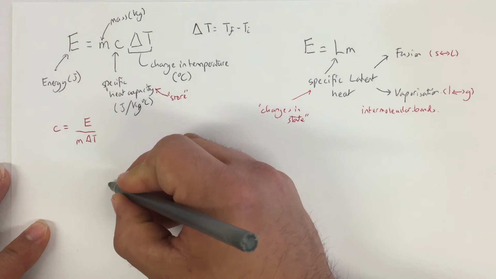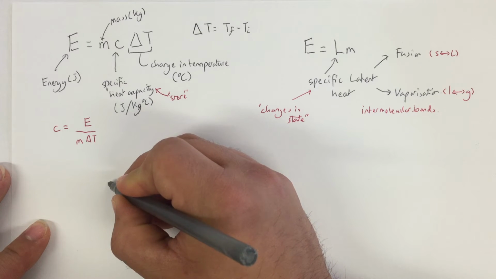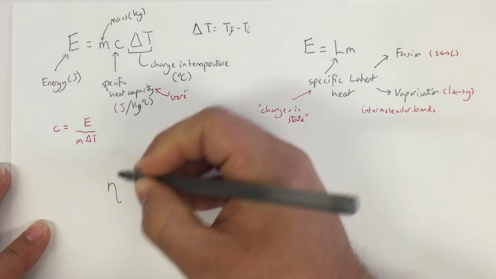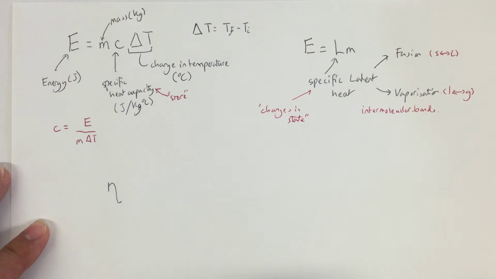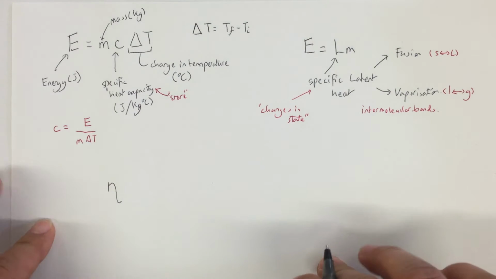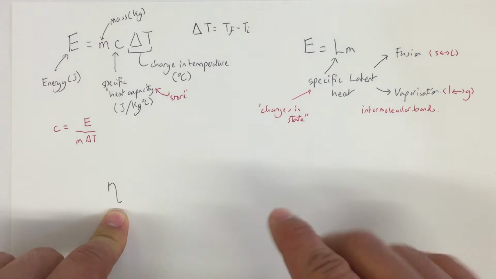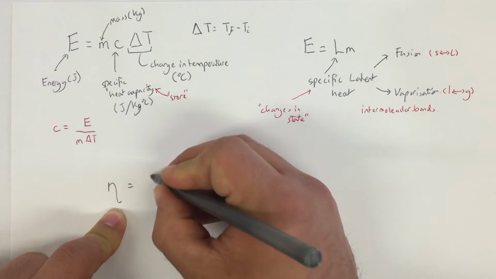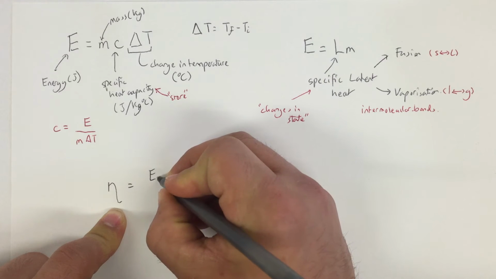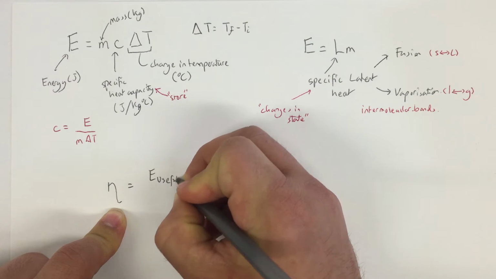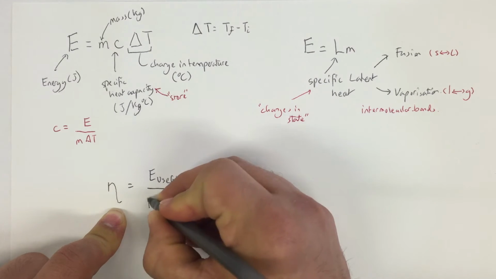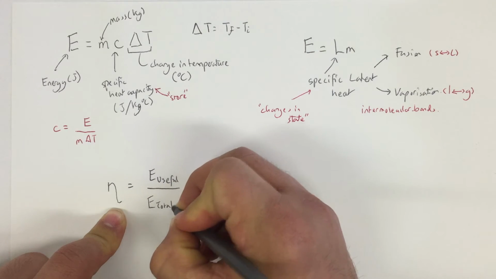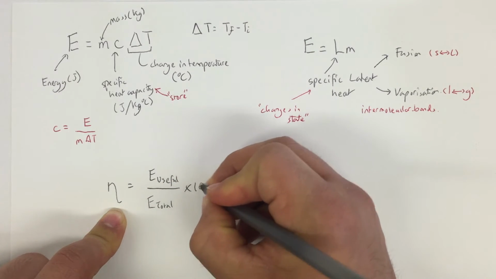The first can be, and it is efficiency, which we usually just write as efficiency, but there is a letter that's used for efficiency, which is a nu, which looks like that, but usually we quite often just write efficiency. Efficiency is useful energy divided by total energy times 100.